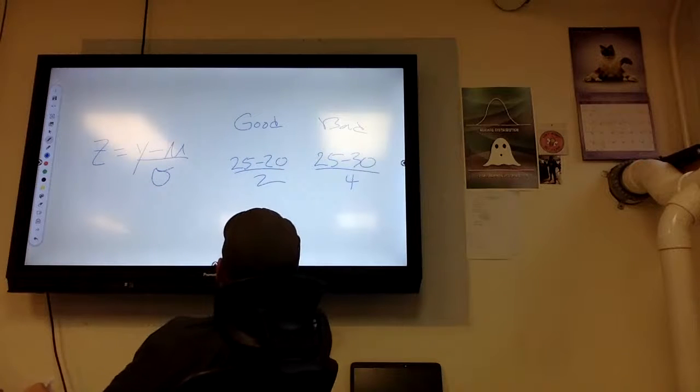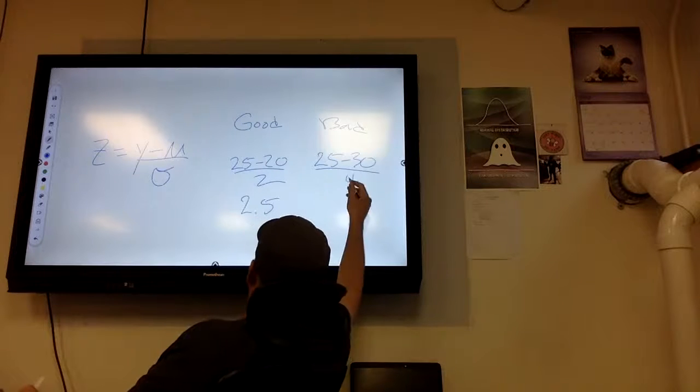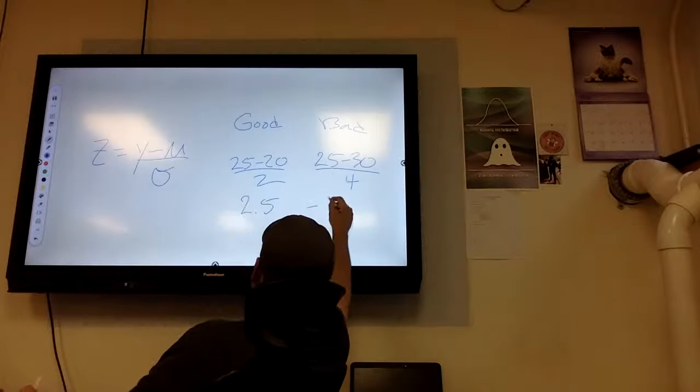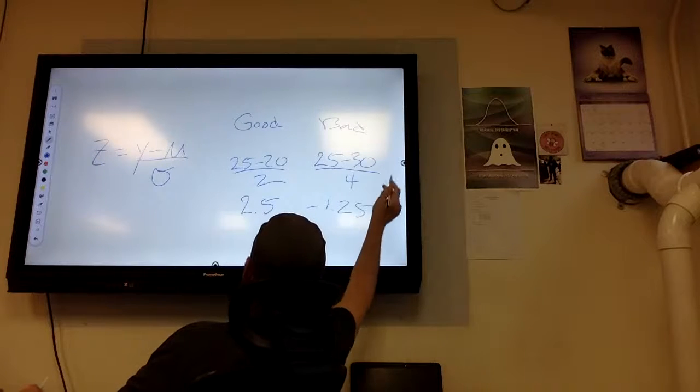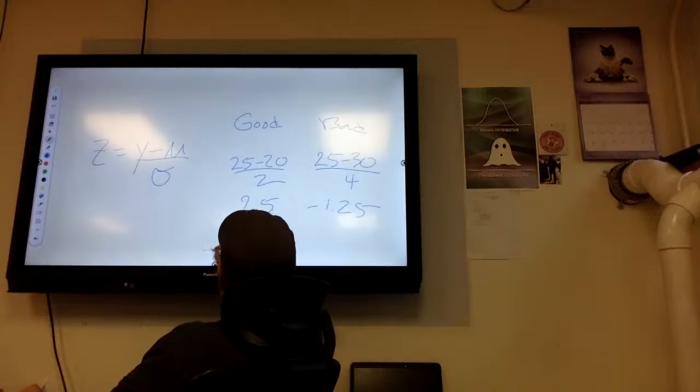So let's get z-scores for both. That is 5 over 2, which is 2.5. And over here, negative 1.25. Now they're both greater than. So here, this one, think of this out here, so it isn't going to be very much.